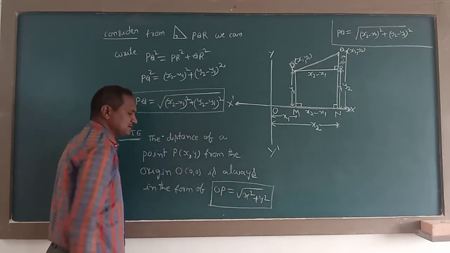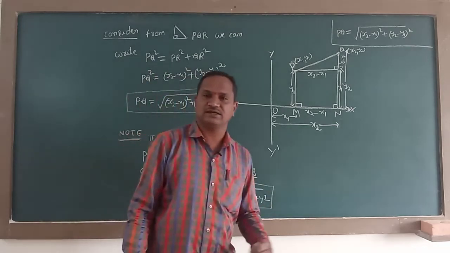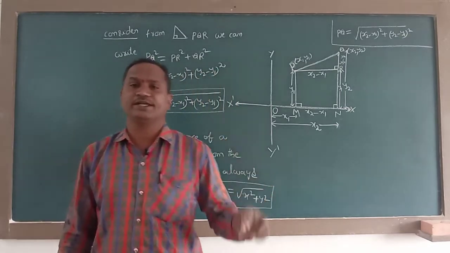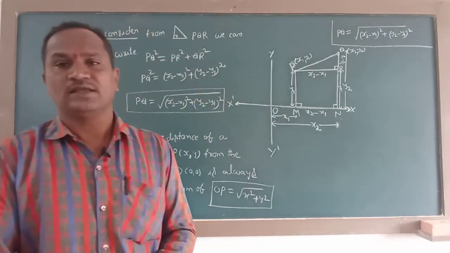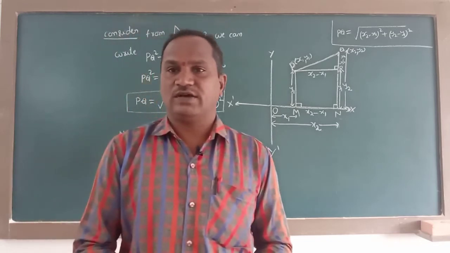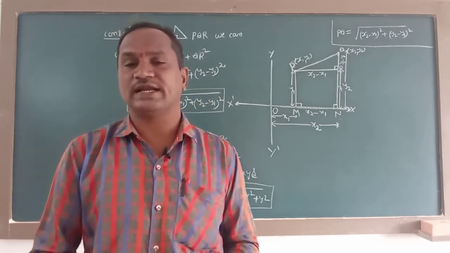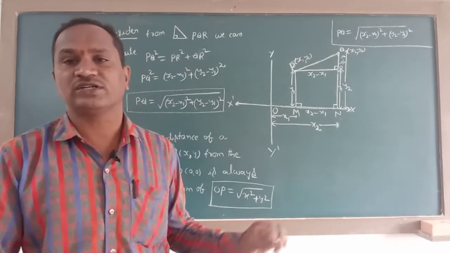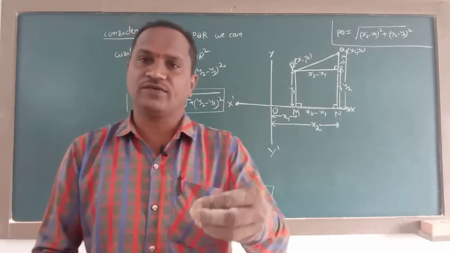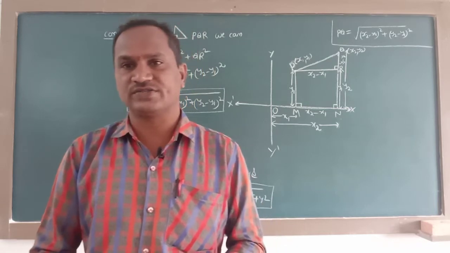Like that, the distance of any point from the origin is the square root of the square of the first coordinate plus the square of the second coordinate. That formula we are going to apply for the distance of any point from the origin.